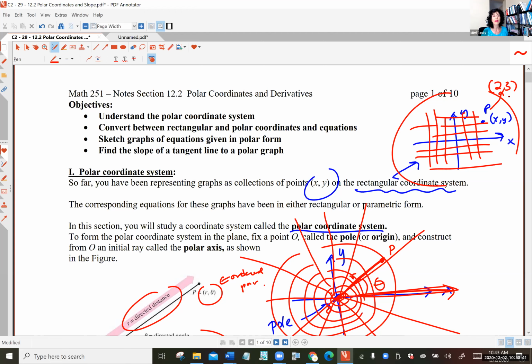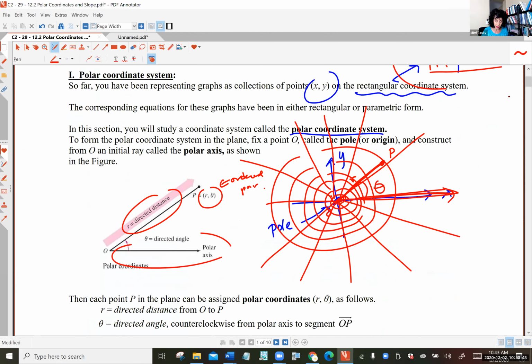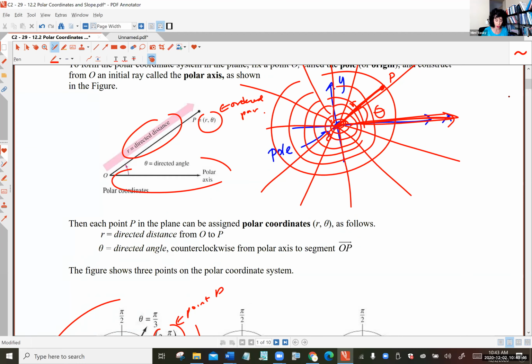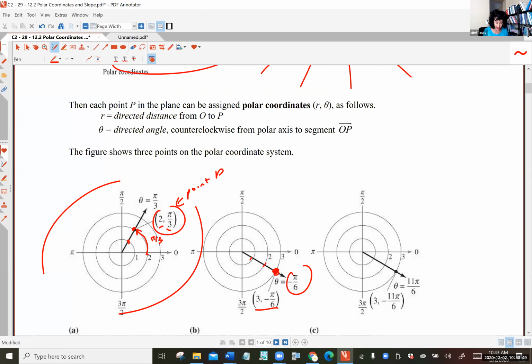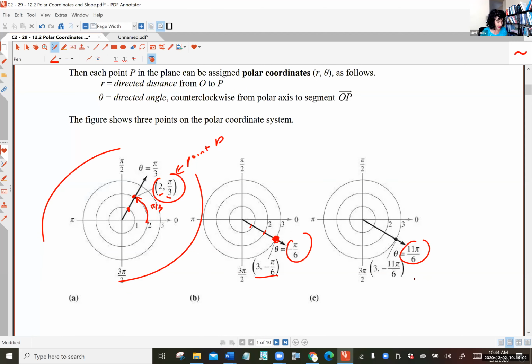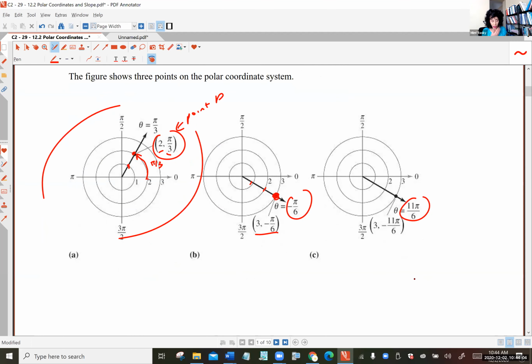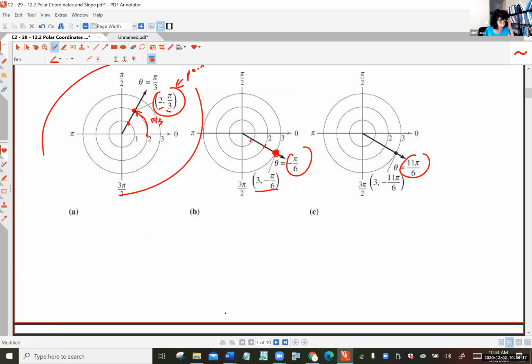But in polar, and you learn this from trig, because you have the idea of angles being coterminal, negative pi/6 is the same as 11 pi/6, right? So you can use one or the other, and they're both okay. So that's legit. Now I do want to talk about negative R's, but I don't have an example here. I'll get to it in another example. Let's wait till the next page. Okay, let's go to the next page.